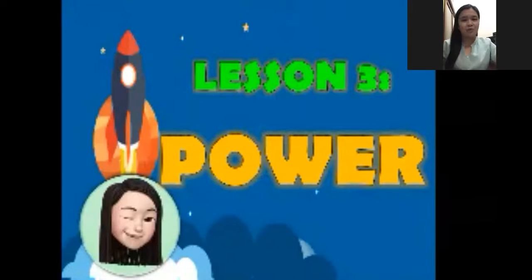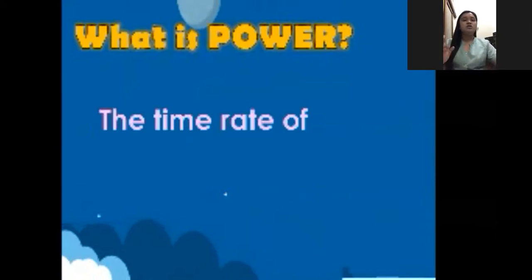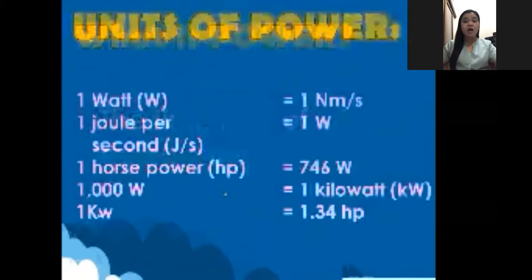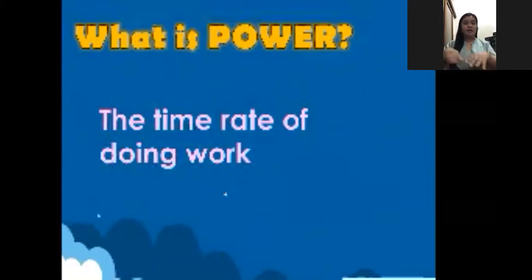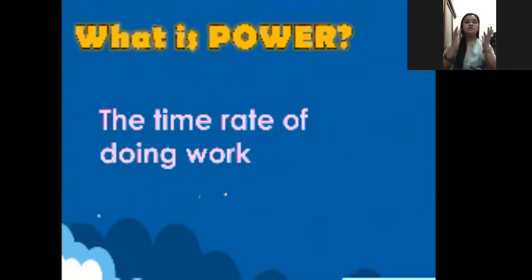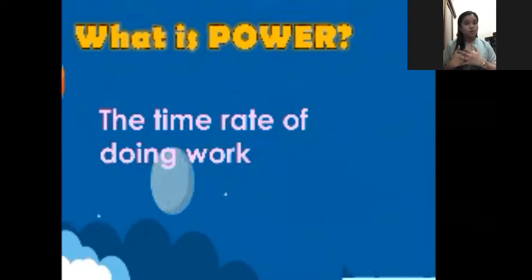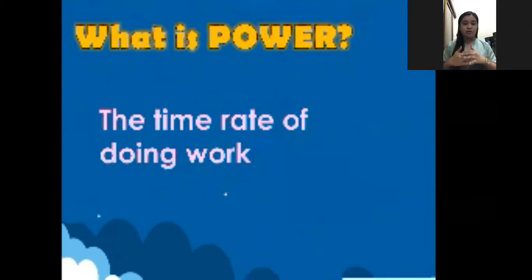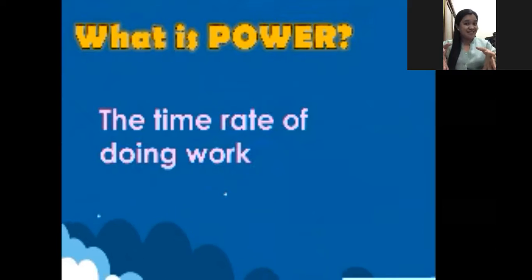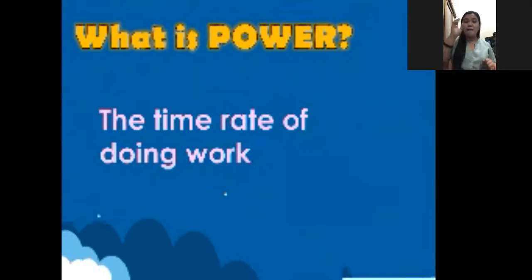Power is the time rate of doing work. Let us repeat: power is the time rate of doing work. What does it mean? It means that the time rate of the work that we are doing will depend on the power that we consume or give in.